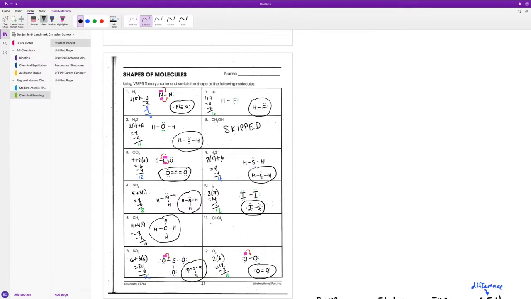Okay, so for VSEPR, we need to start off with a valid Lewis structure. Carbon has 4 valence electrons, the hydrogen has 1, and the 3 chlorines have 7 each. So 7, 14, 21, 22, 26 valence electrons. We put the carbon atom in the middle and attach the chlorines with single bonds, and also put the hydrogen on there.